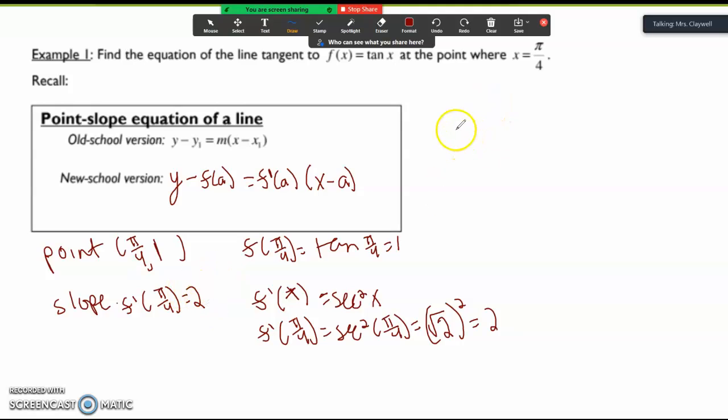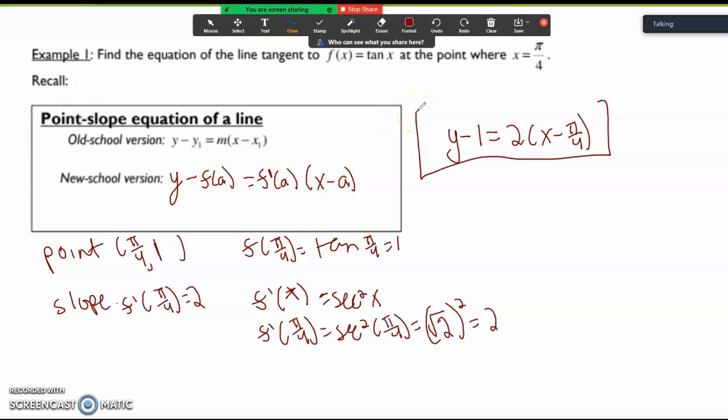So my slope here is 2. So my equation is y minus y1 equals slope times x minus pi over 4. So this is similar to what we have been doing. I just used my trig derivatives to find the slope this time.